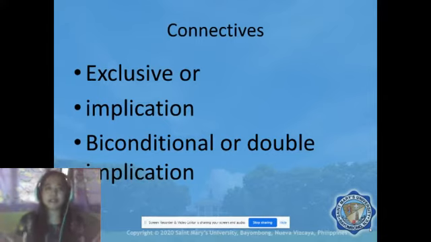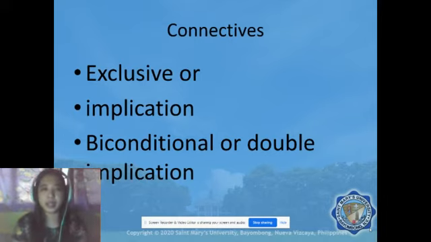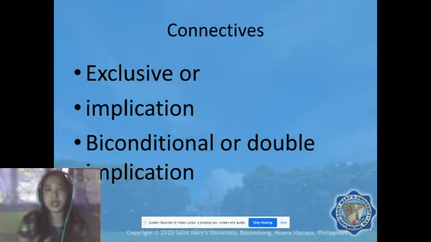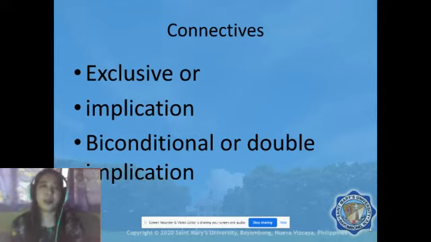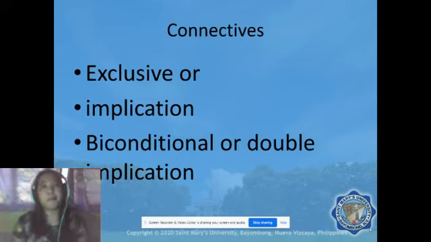Just to have a brief review of the connectives in our previous discussion, the rule for negation is that if the proposition is true, the negation is false. And if the proposition is false, the negation of false is of course true.